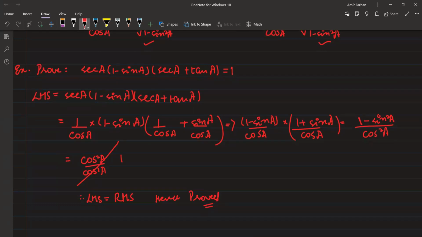Is this clear to you, Adil? Yes or no? Please be honest. Okay. So we have started this last part of trigonometry in the class, so we didn't have enough time to cover all the types of questions. We will do those questions in the next class.